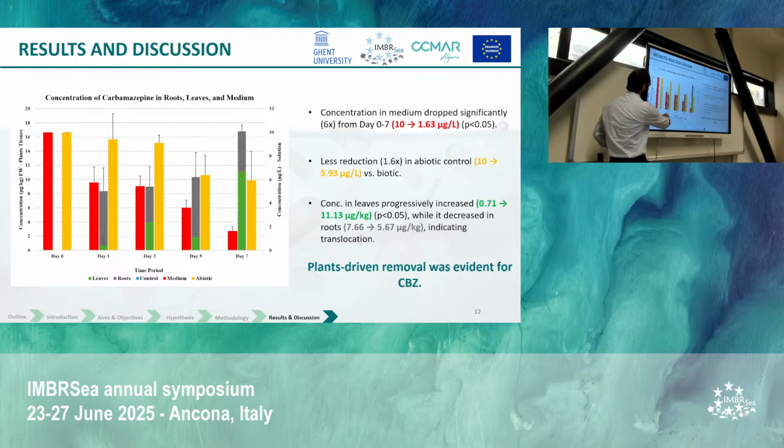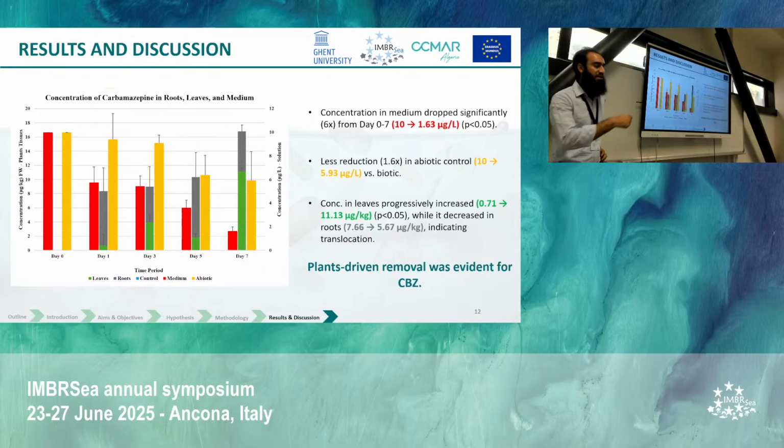You can see the medium has the color red, and the abiotic control has the color yellow. So both decreased, but the medium in which plants were grown decreased the most. And from day 0 to day 7, we have a significant decrease, about 6 times, from 10 to 1.63 micrograms per liter.